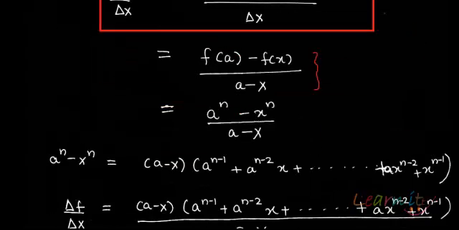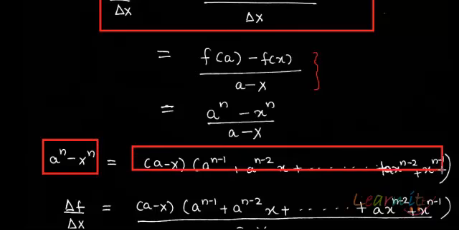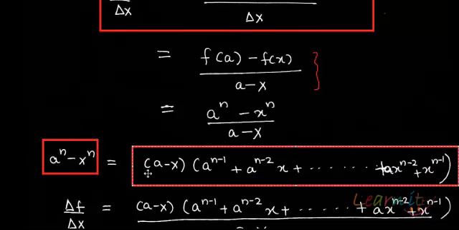Now consider the following: a to the power n minus x to the power n. This would equal the expansion, which is a minus x into a to the power n minus 1, plus a to the power n minus 2 into x, and so on.